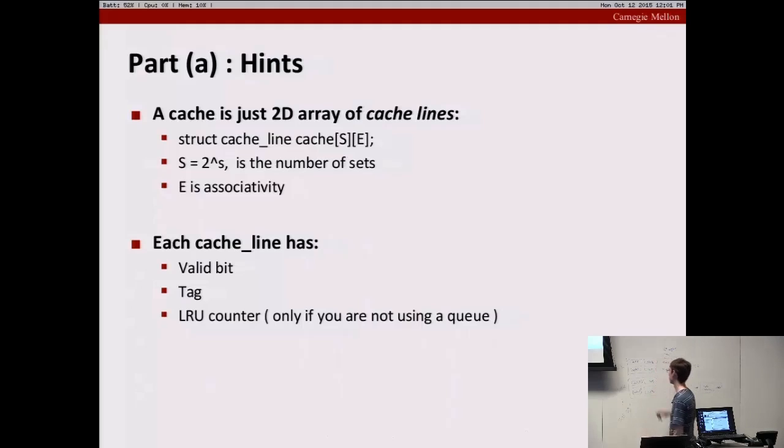And if you need to, you can get at a particular one and update the information you're storing about it. S, capital S here, is 2 to the number of set bits, E being the number of lines.